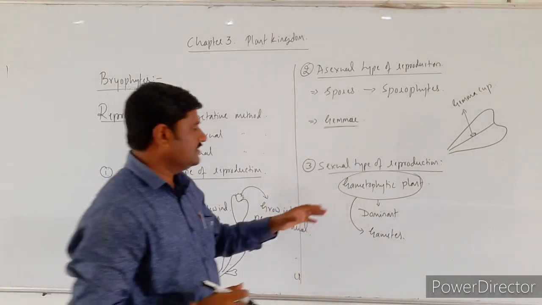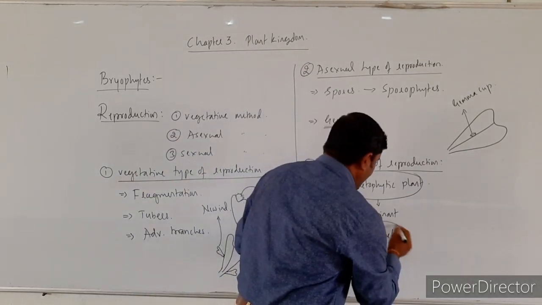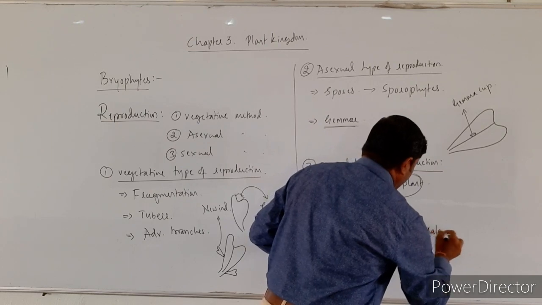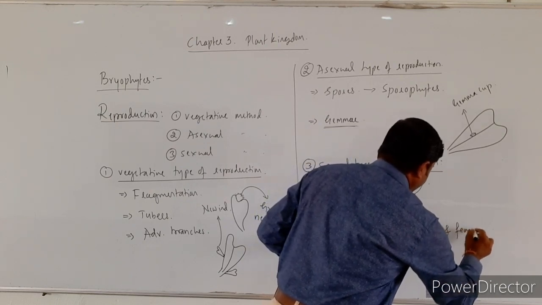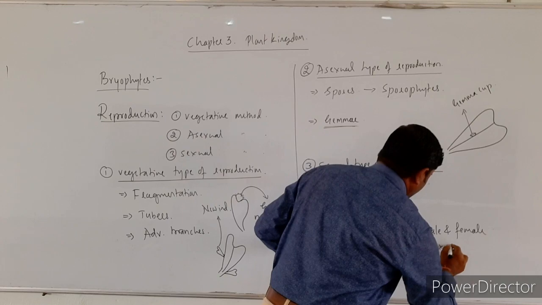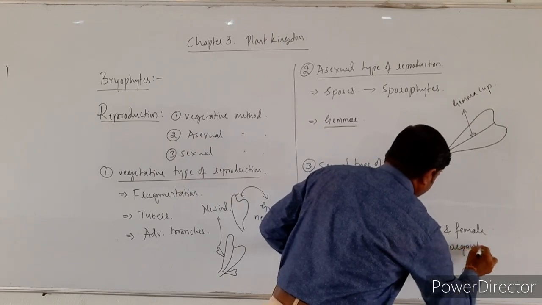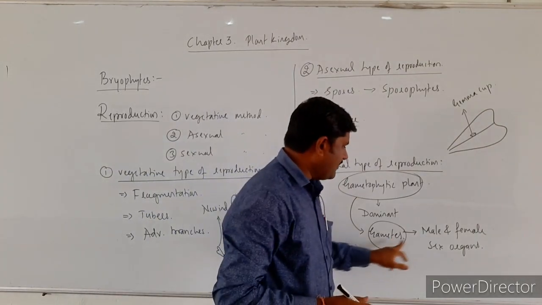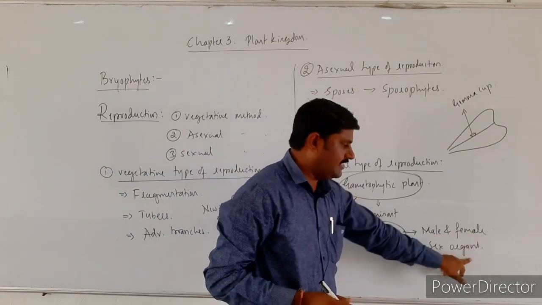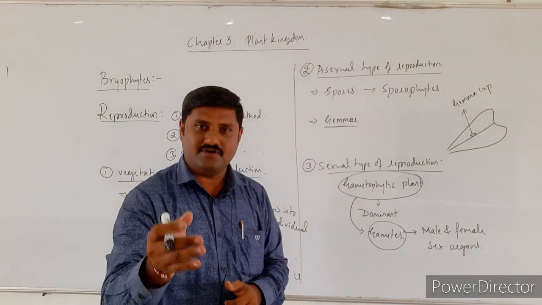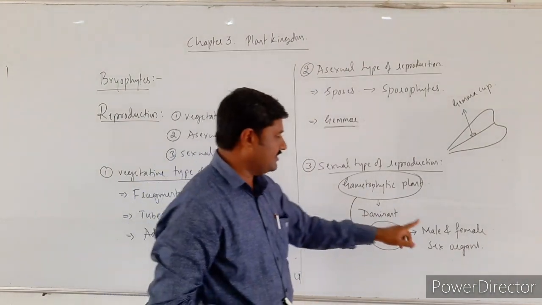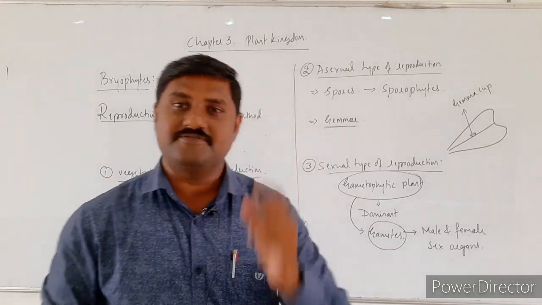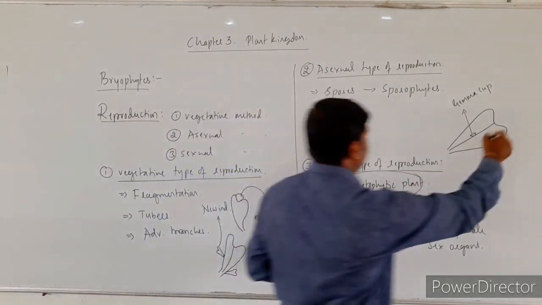These gametes are usually formed in the respective male and female sex organs. We came to know that sex organs are produced in these bryophytes. It is a unique feature. This is the plant body.